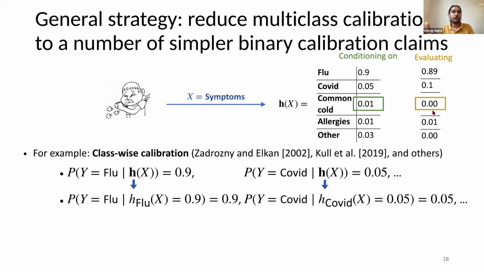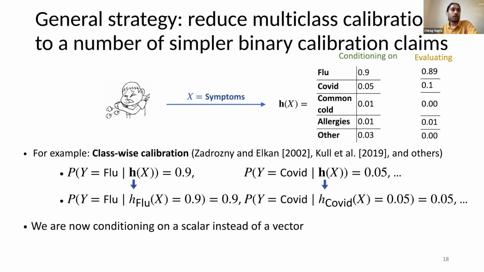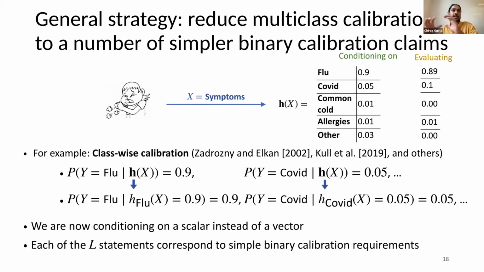So you can look at every possible binary calibration claim separately and draw conclusions from that. The basic idea is that you've reduced multiclass to binary. Even though you have this new notion of calibration, different from top label calibration, you're still reducing multiclass to binary calibration requirements, but there's more than one.